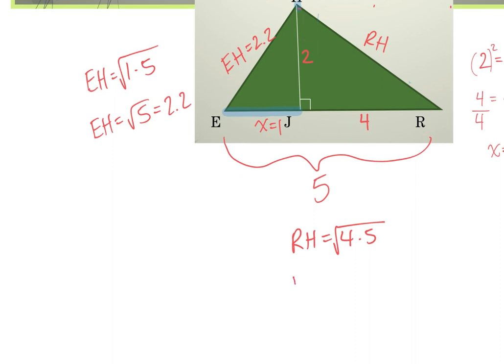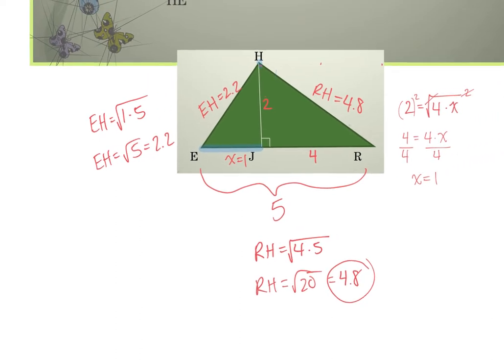So RH equals the square root of 20. What is it as a decimal? It should be like 4.8. Yeah. 4.8? Perfect. Questions?